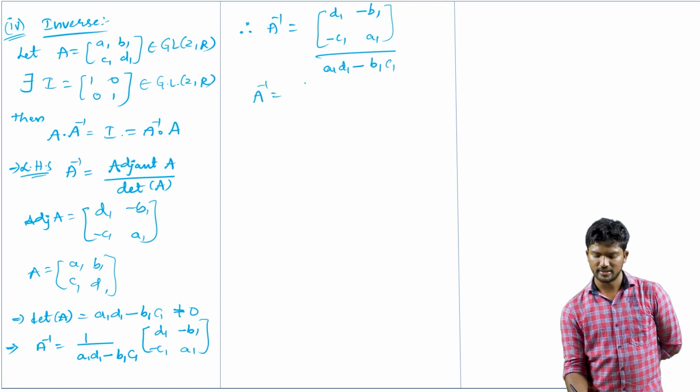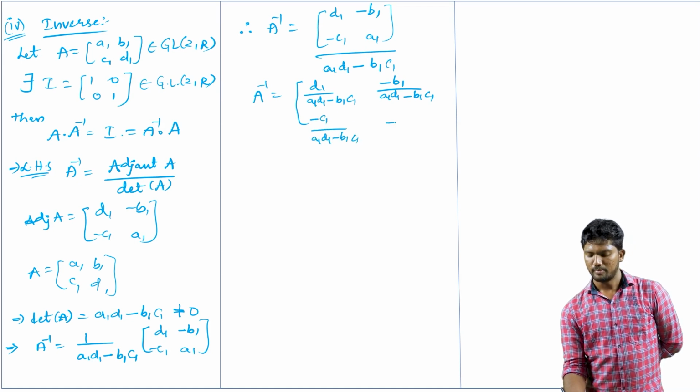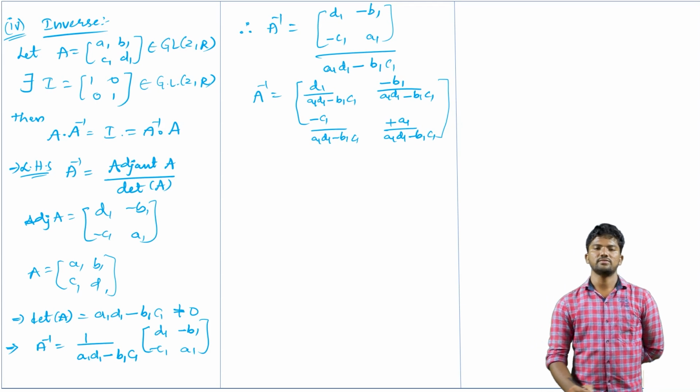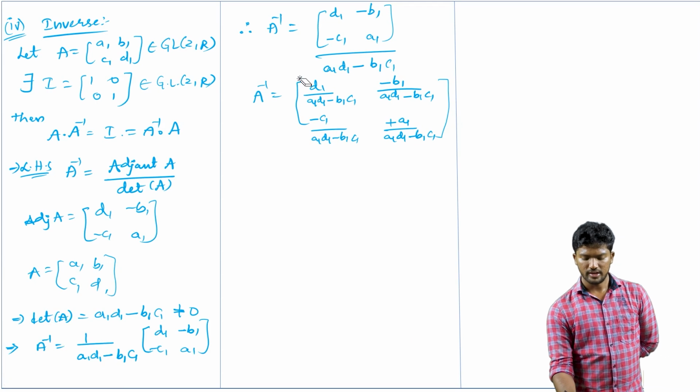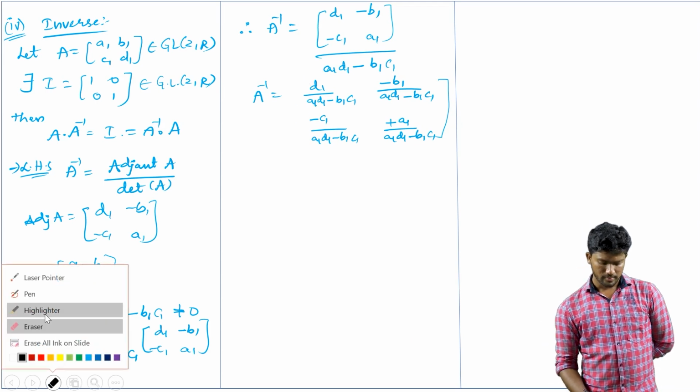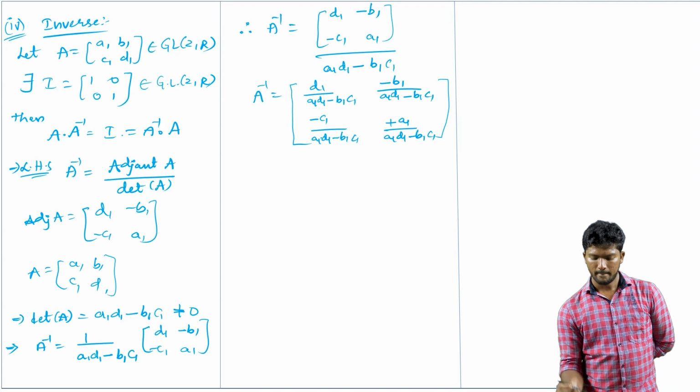So clearly A inverse is equal to [[D1/(A1 D1 minus B1 C1), minus B1/(A1 D1 minus B1 C1)],[minus C1/(A1 D1 minus B1 C1), A1/(A1 D1 minus B1 C1)]]. This is the inverse matrix of capital A, for A equal to [[A1,B1],[C1,D1]].